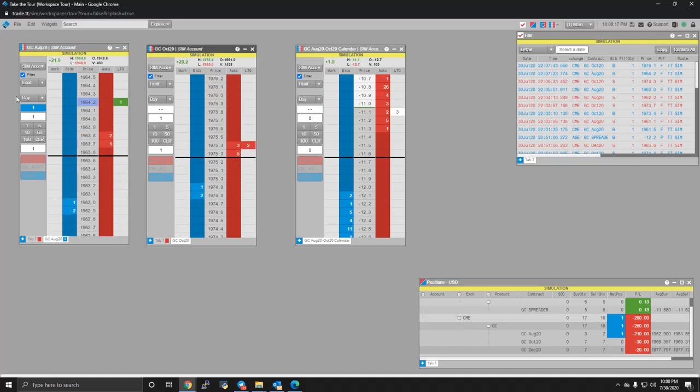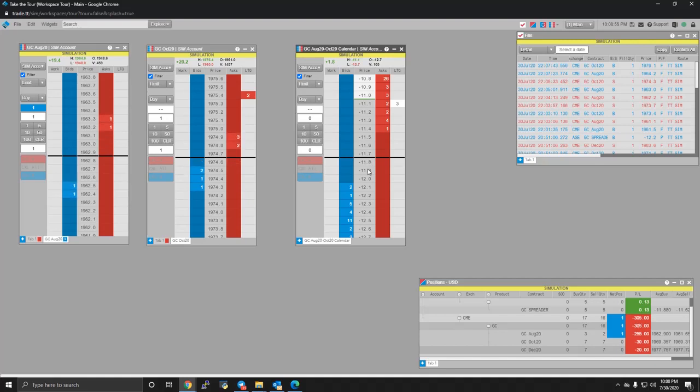So if I know I'm long a gold August 2020 contract, and my goal is to roll the long position into October, which would be selling August, buying October, I can look at the calendar spread market, and if I hit a bid here, if I sell this calendar spread at minus 12.1, I'm going to be selling August and buying October. And I can define the spread price. I'm going to be paying $12.10 in premium on the October contract to roll my long August position.